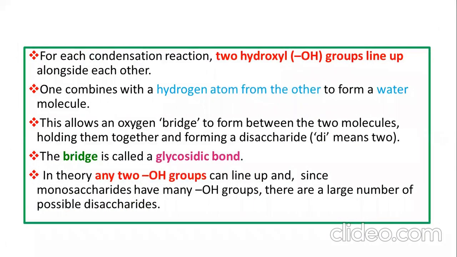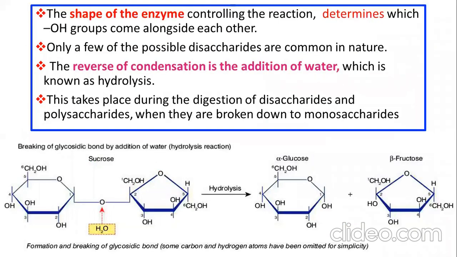Okay, we already discussed this. The oxygen bridge is called what? That is the glycosidic bond. Already we discussed this, right? If you want to convert that disaccharide back to monosaccharide, you have to add water. This you have to know, okay? When you are adding water, from both sides you will keep what? OH and OH. So both monosaccharides are now what?